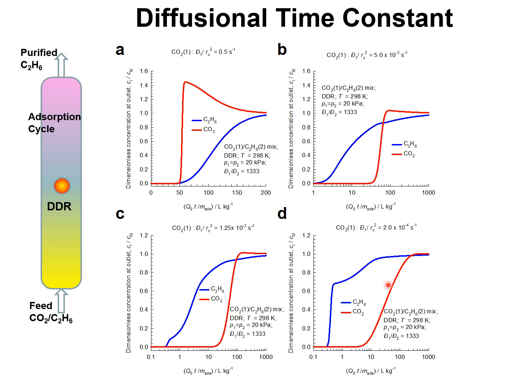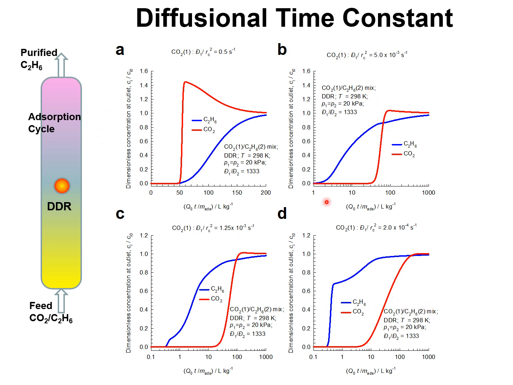With increasing crystallite size, the diffusional time constants, defined as the ratio of the Maxwell-Stefan diffusivity for component 1, that is carbon dioxide, to the square of the crystallite radius, are here 0.5 per second in case A, in case B 5 × 10^-3, then 1.25 × 10^-3, and 2 × 10^-4.